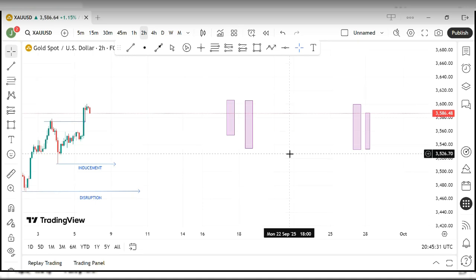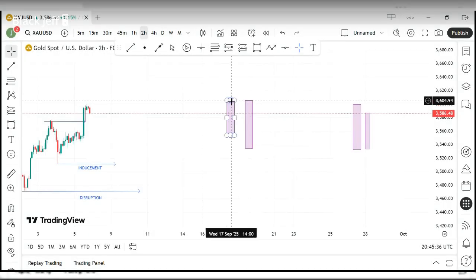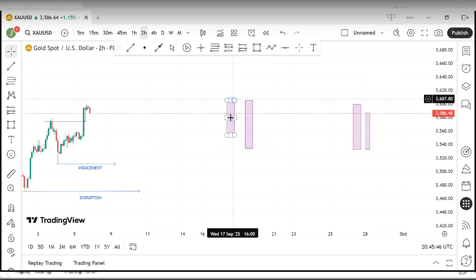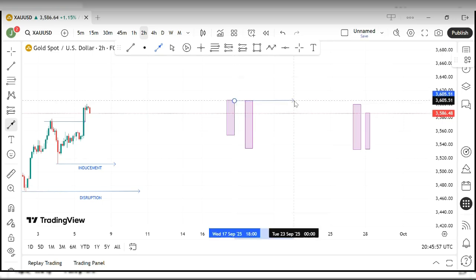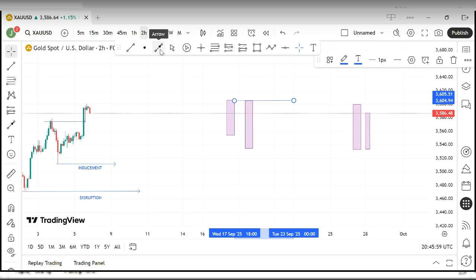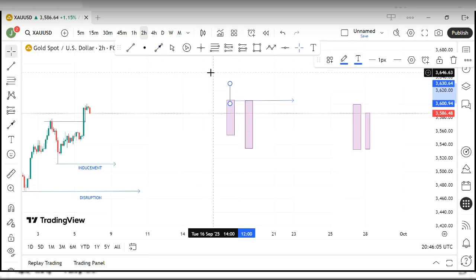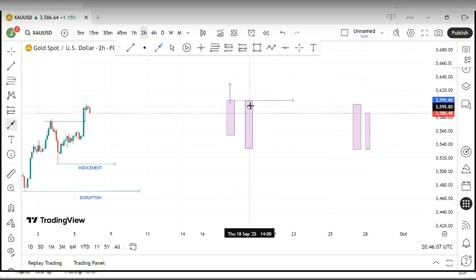This is how key level looks like: two opposite color candles having the same high, or two opposite color candles having the same low. This can be a red candle and this can be a green candle. They are equal on the body. The wicks can be longer; this wick can be longer than this wick. It doesn't matter.